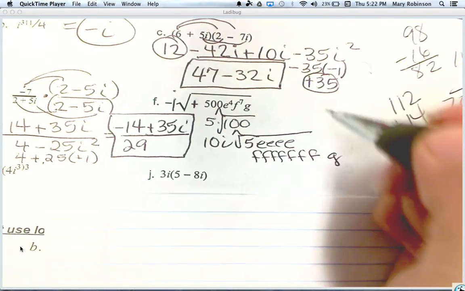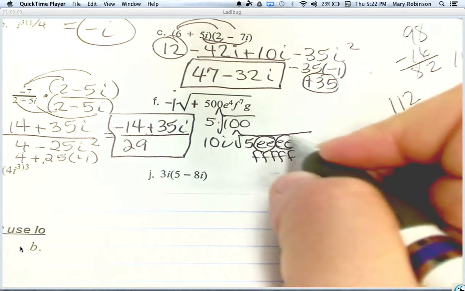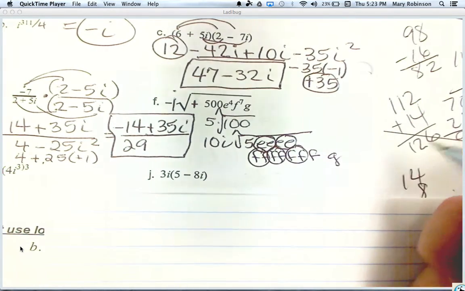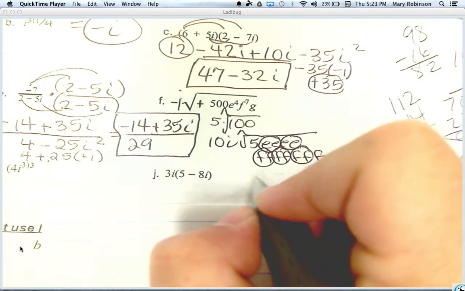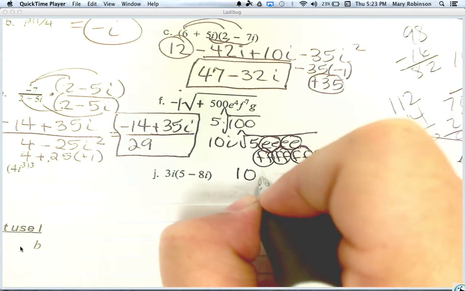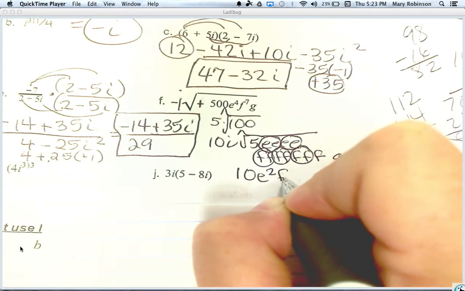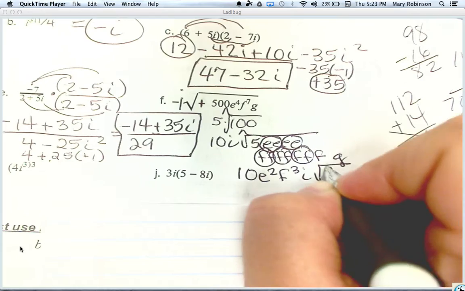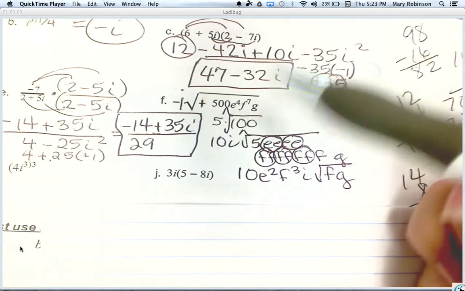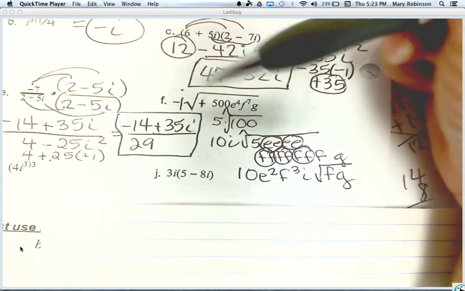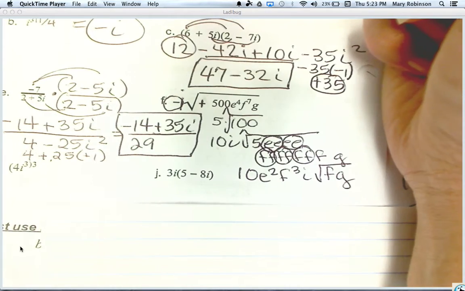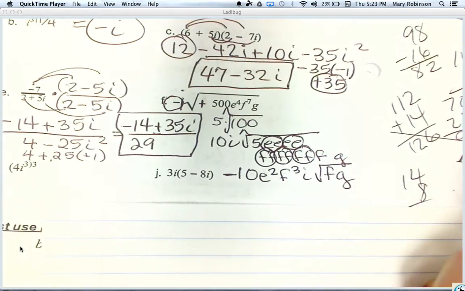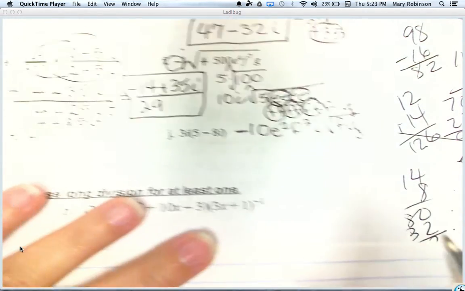You're looking for pairs of factors. You have 2 pairs of e's and 3 pairs of f's. So that's going to give us 10 e squared f cubed i square root of fg. But pay attention, up here in the original problem, you have a negative. So we've taken care of everything except you can't forget about that negative. It's still there. So this would be your final answer.